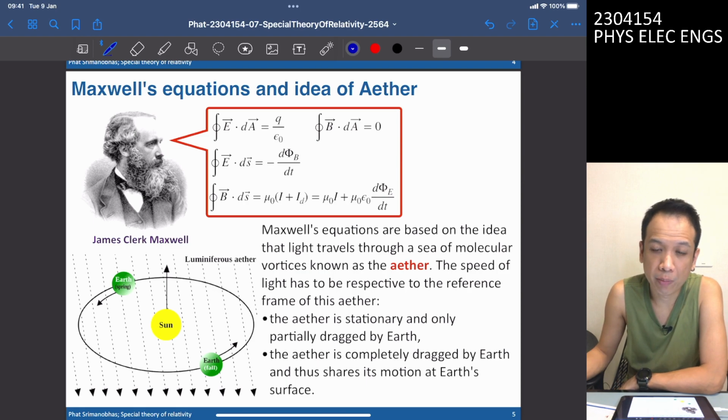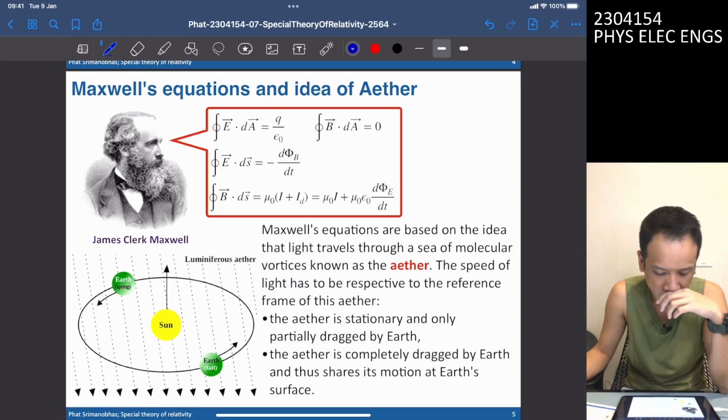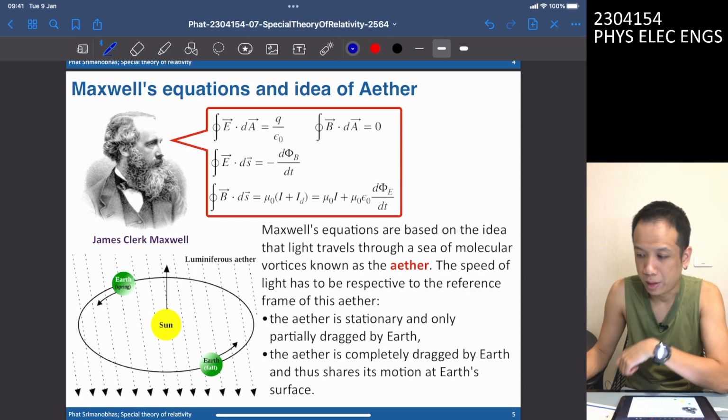We are talking about the equations from Gauss, from Faraday, and from Ampere, and modifying Ampere's law to the general form. Everything together we call the Maxwell equations.